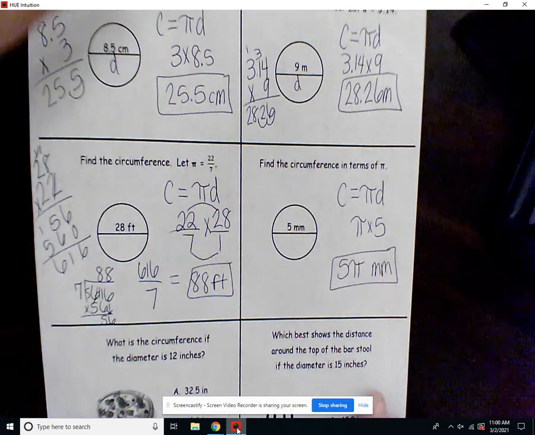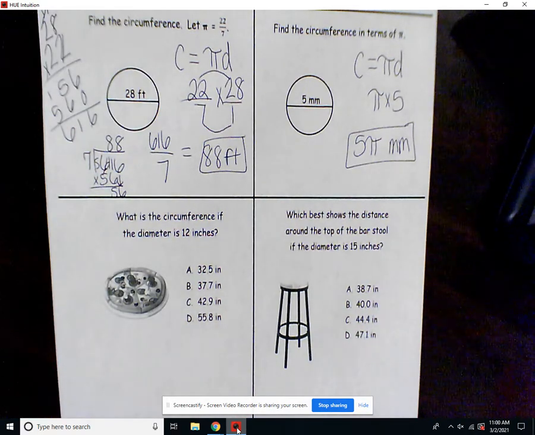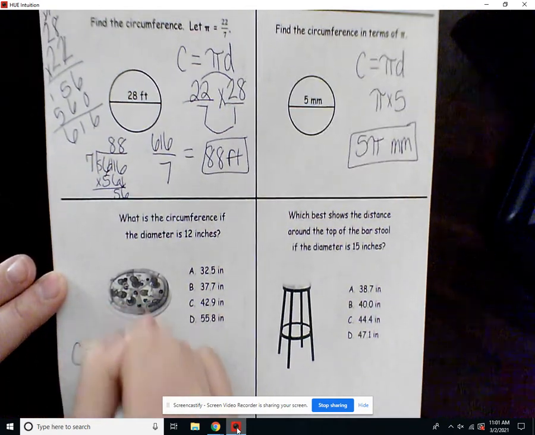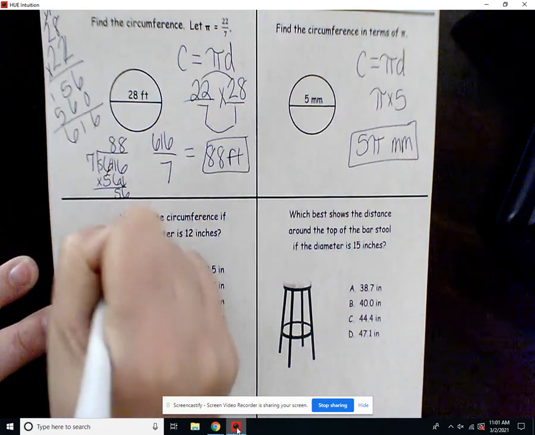Okay, so let's look at some word problems. What is the circumference of this if the diameter is 12 inches? So again, start off with our formula, pi d. They did not give us pi, so remember we let that be 3.14.